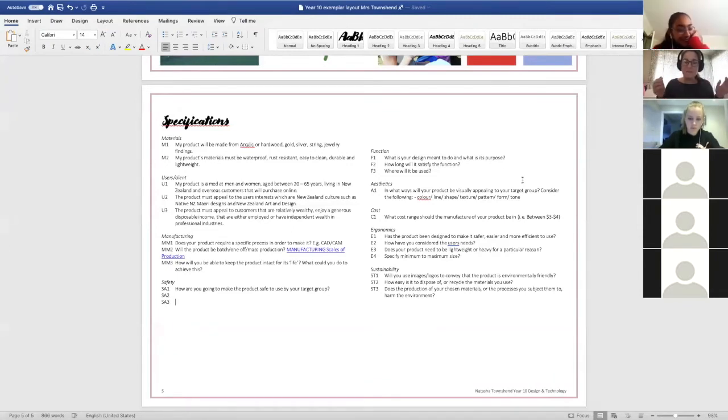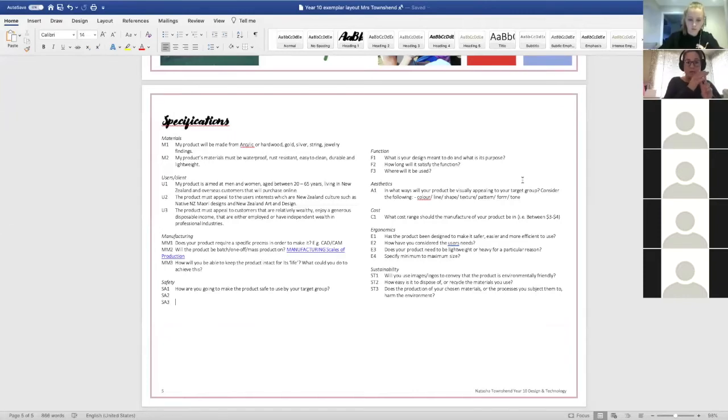That's a really good one. I like that one. So make sure you can say yes or no if it achieves the function or doesn't achieve the function. So does it represent the Māori New Zealand culture? This certainly doesn't. This is a brooch.